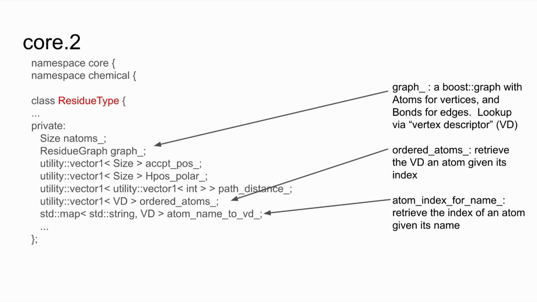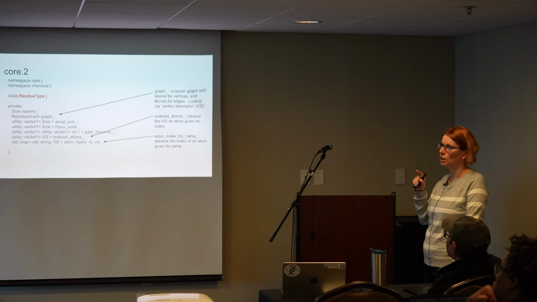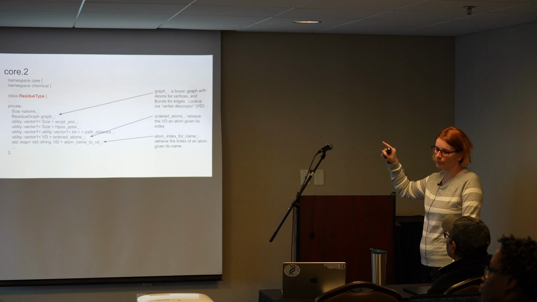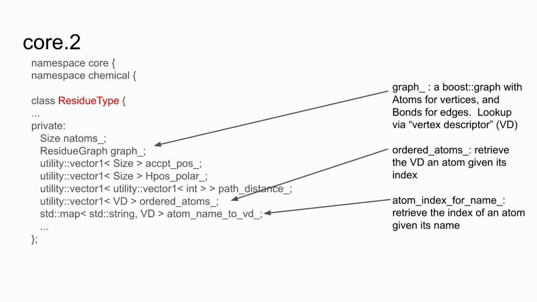And so there's basically a vertex descriptor. Oh, never mind, that's the graph. And then ordered atoms, basically you retrieve the vertex descriptor for an atom given its index, and then atom index for the name. So you basically traverse the residue from the residue graph that you're giving it.